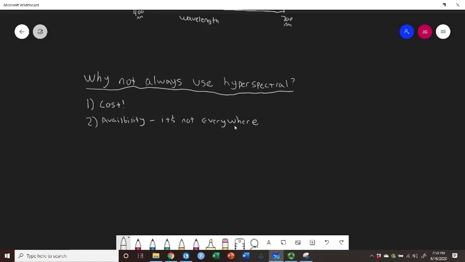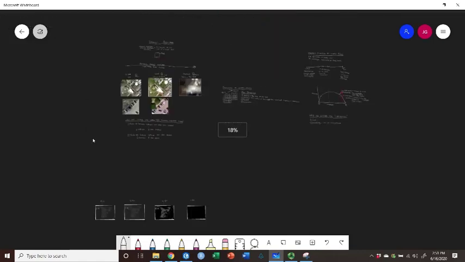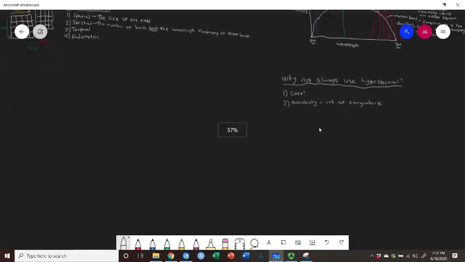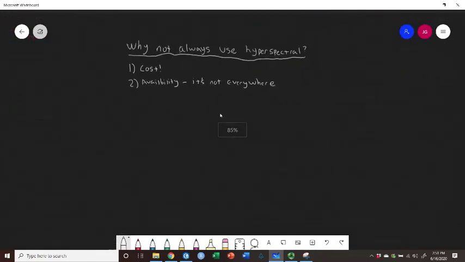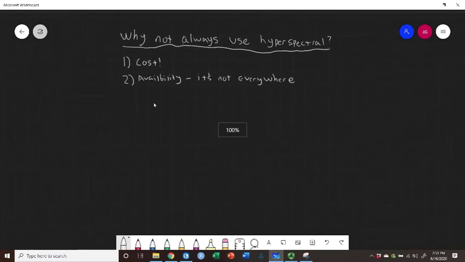So you just can't simply get hyperspectral remote sensing data everywhere, when and where you want it. And I think 3 is probably the most important. And this is the trade-off.